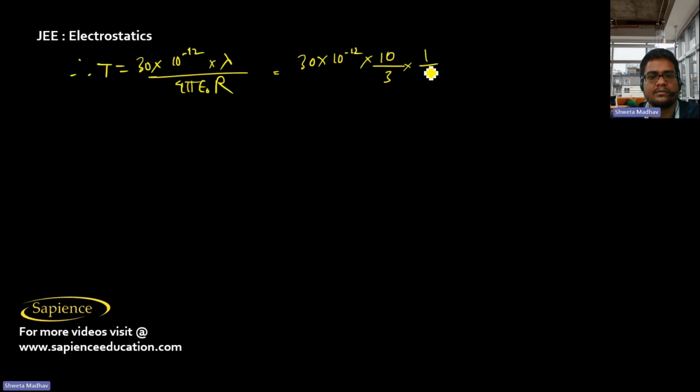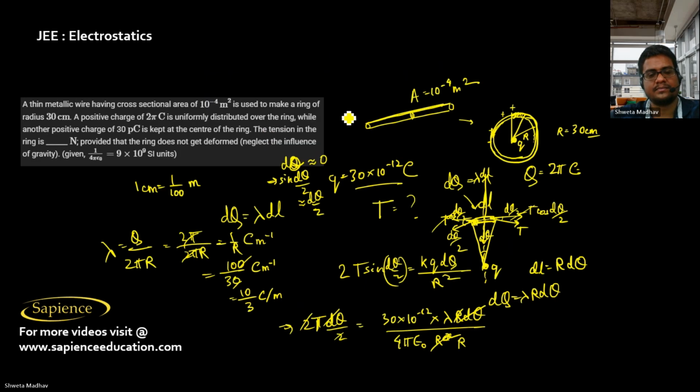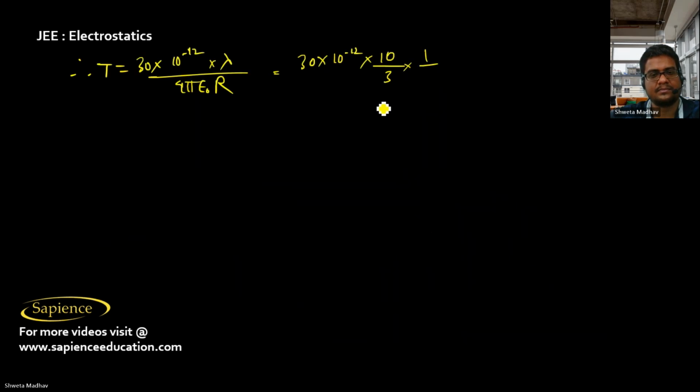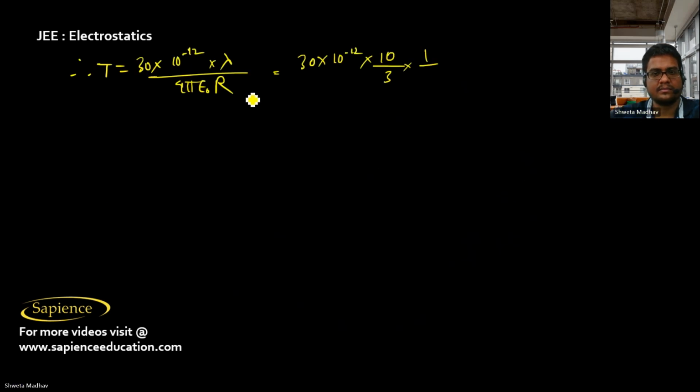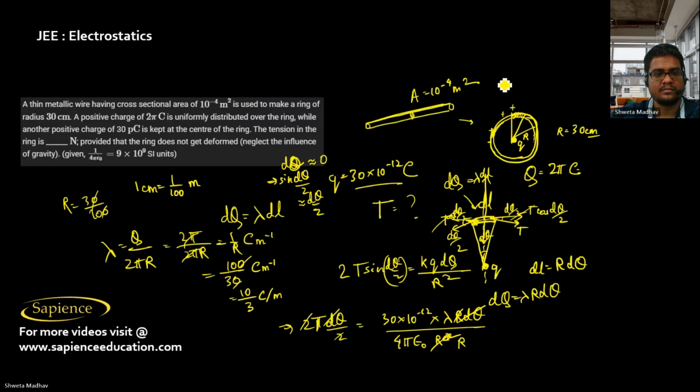So 1 by R. R is equal to 30 by 100, it's 3 by 10. 1 by 3 by 10 into 1 by 4 plus 1 naught is 9 into 10 power 9. So this much will be the tension.